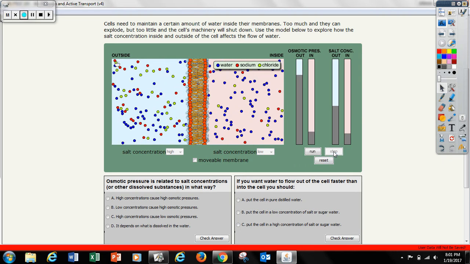So let's stop this. One of the reasons the pressures aren't changing is because there's an actual movement of water, which are particles, which changes the overall pressure inside. As water moves out of the cell, you have less water in the cell, so that means there's lower pressure in the cell.